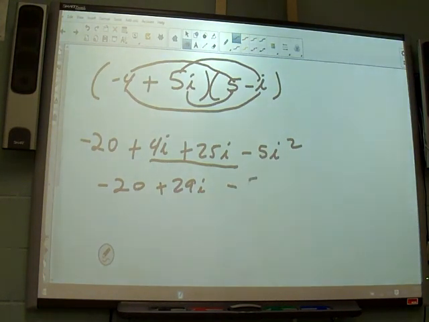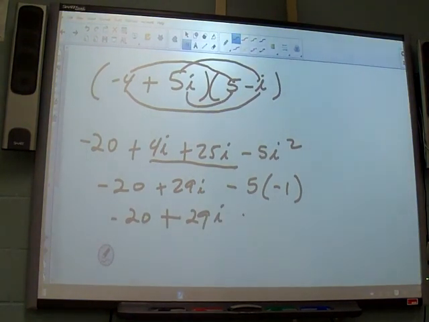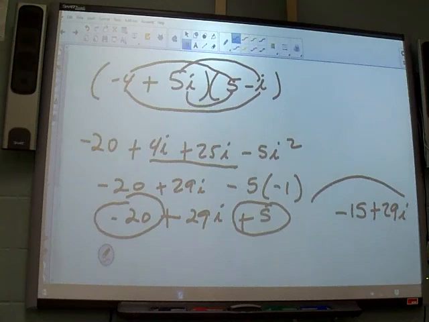So change your i squared every time to negative 1. Now that makes that negative times a negative a positive. So you've got, doesn't it end up as negative 15? One more piece of like terms: your negative 20 and your positive 5 is negative 15. That's your final answer.